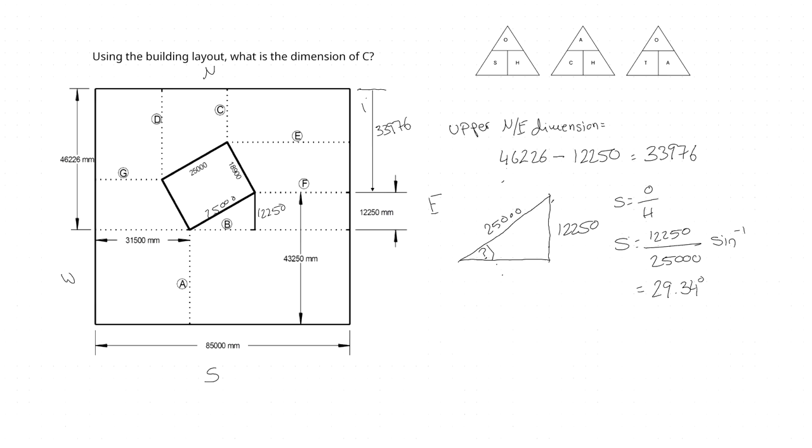So that's this one here. I'll draw it in color. That's this right here. 29.34 degrees. Okay, so that's this one here, 29.34 degrees. So if we were to draw in this little rectangle up here, why aren't you drawing a straight line for me?